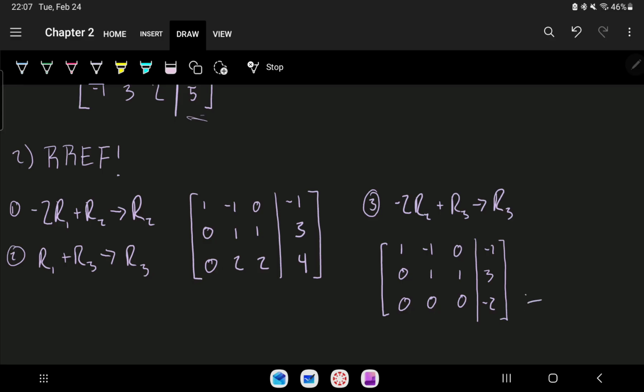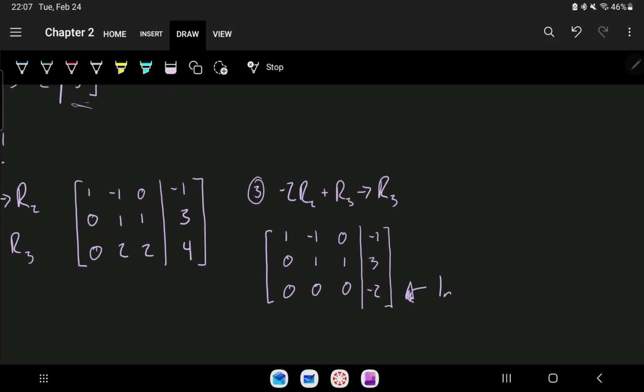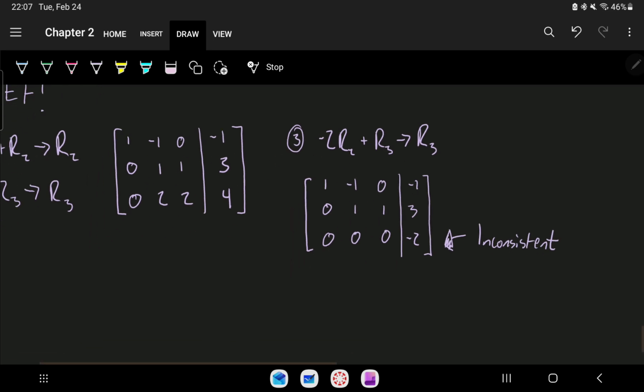Now this is inconsistent, right? There is no earthly way, unless we completely redefine what 0 means, that all of these zeros can somehow equal a negative 2, right?